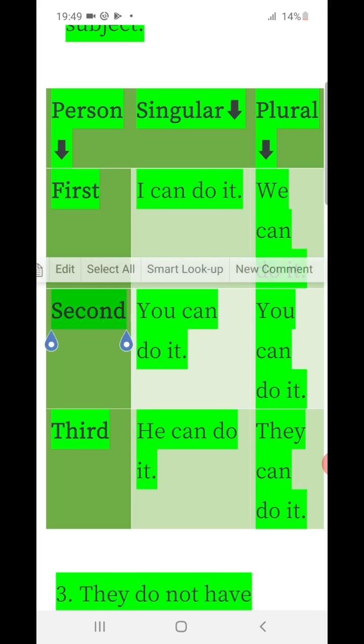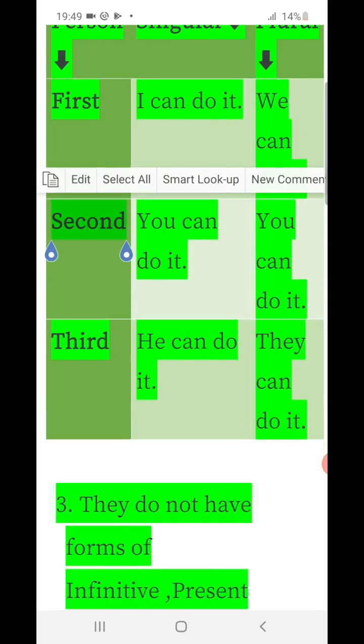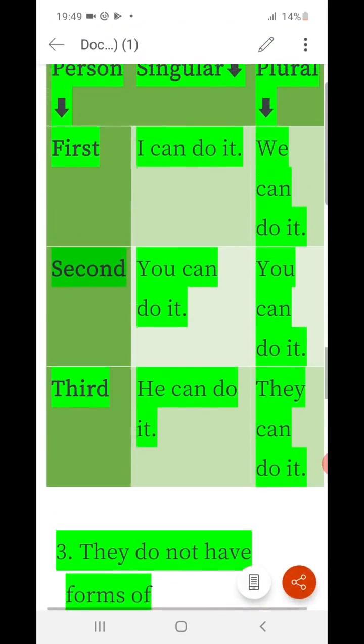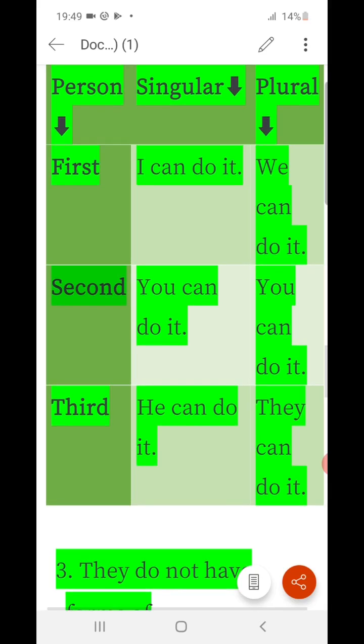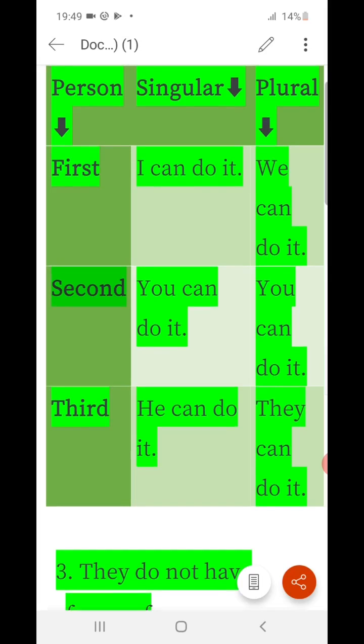Next, second person. You can do it. Suppose you are telling your friend, you can do it. Next, plural form. You can do it. Now, this you is for a group of people, for many others or some others you are referring to.